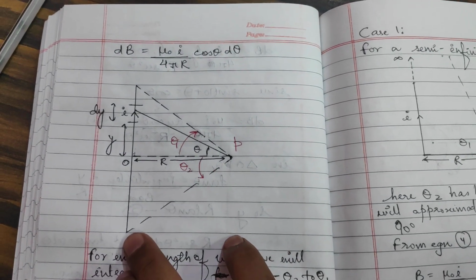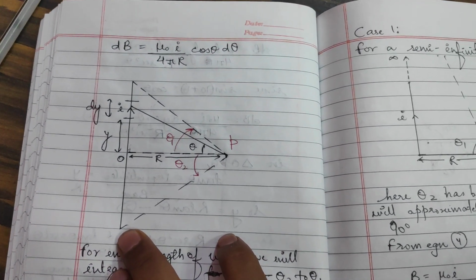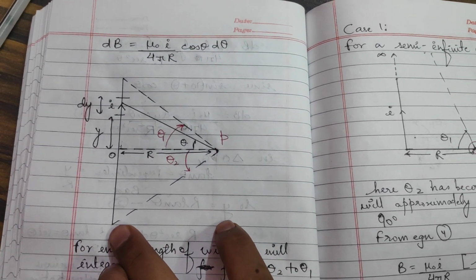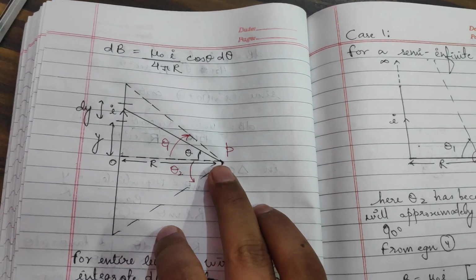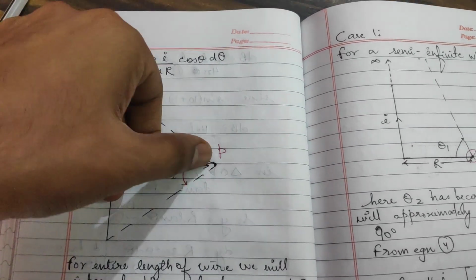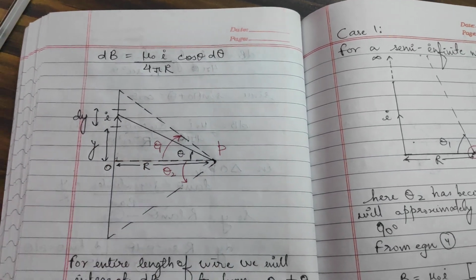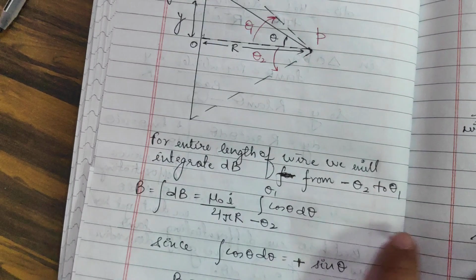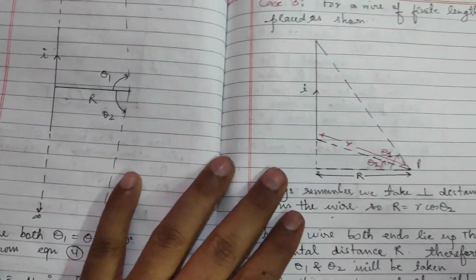The angle theta 2 is the angle between the line joining this point and point P, and the capital R. Okay, so what happens in this case?